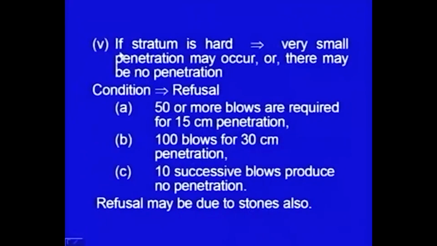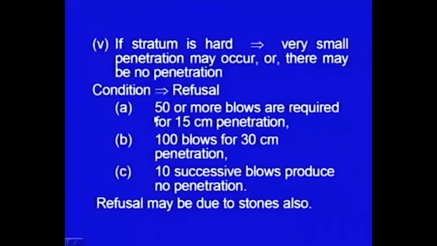Now, if the stratum where we are conducting the test is hard, very small penetration may occur, or there may be no penetration at all. This condition is called refusal. There are specifications for the conditions for which we say that refusal has occurred.